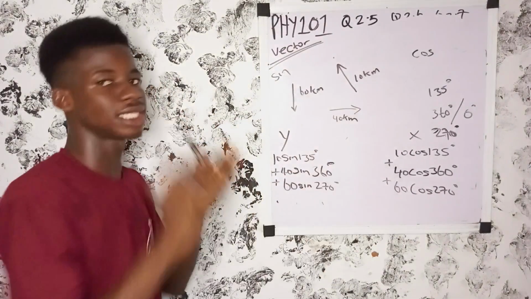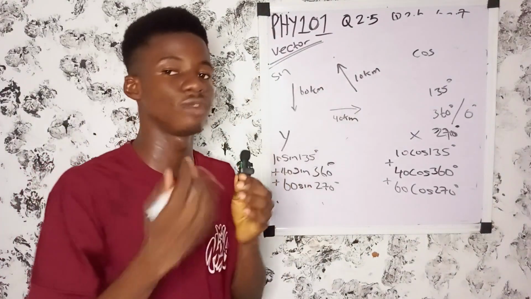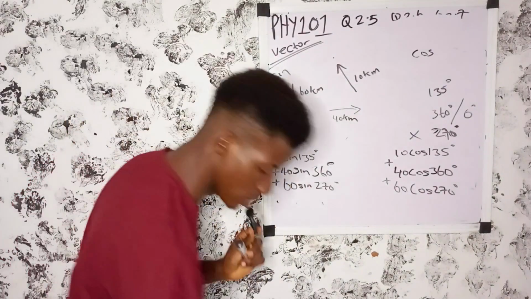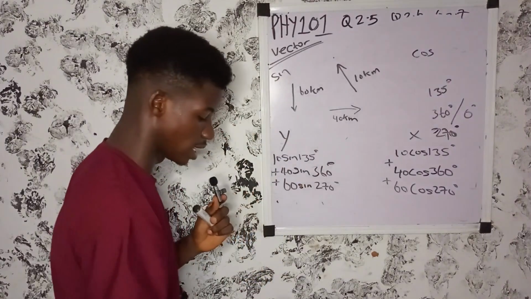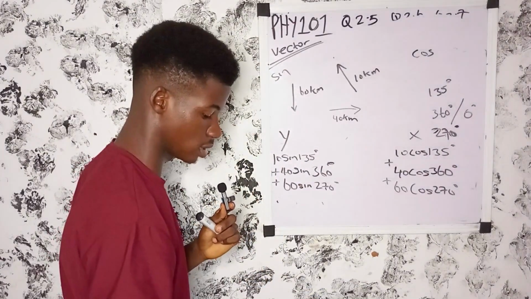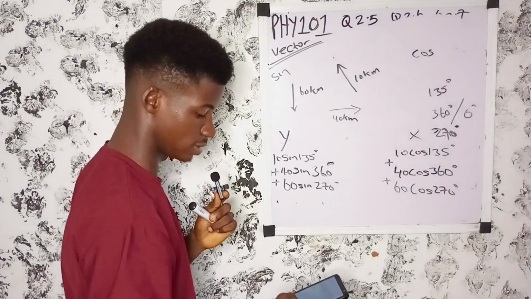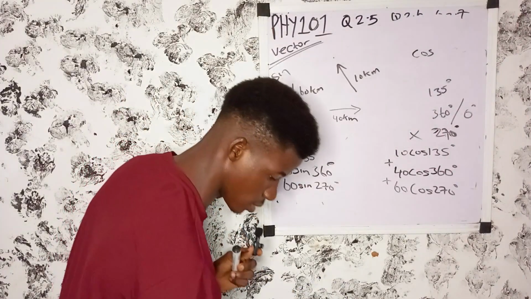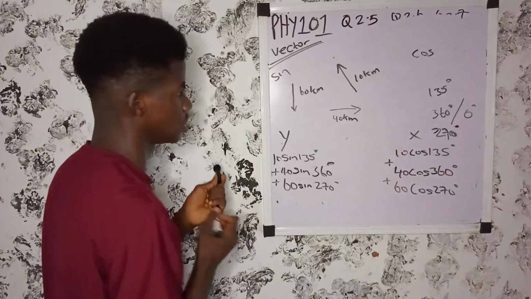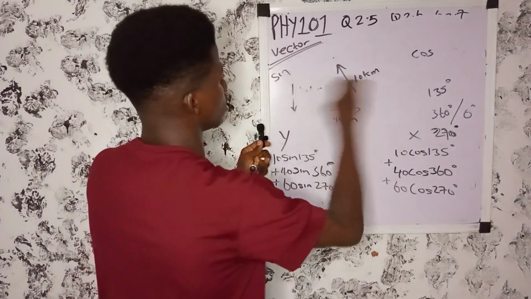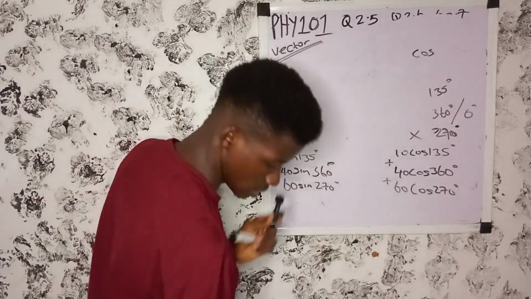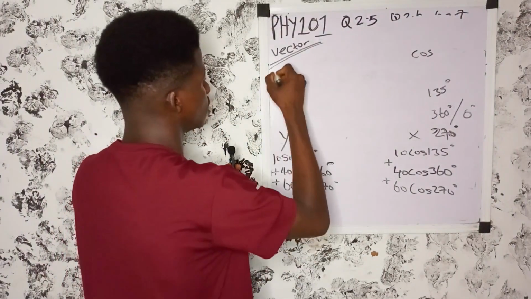Once we get our y and our x, we look for the resultant. So let's start. 10 sine 135 is 7.07.